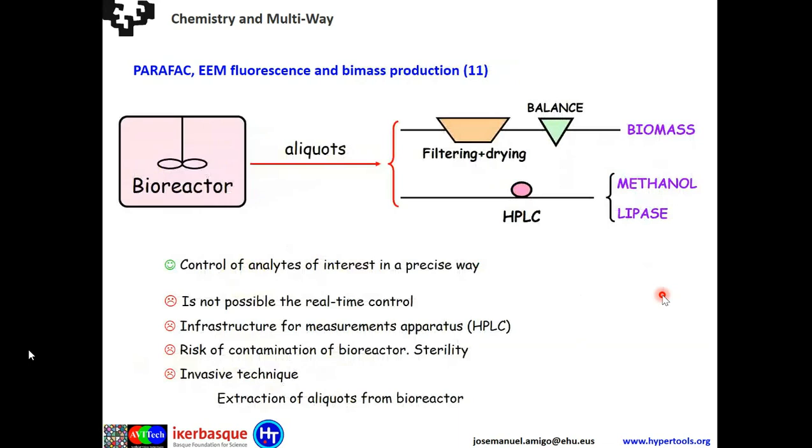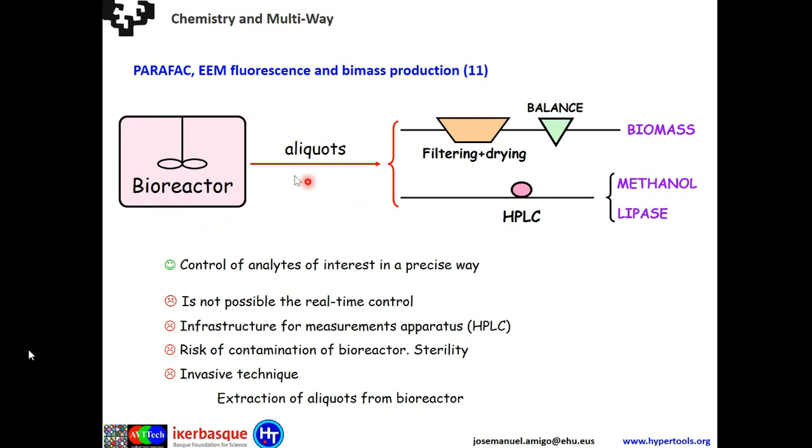But we can profit from some other properties of these three-way models, that is the adaptation of them to a quantitation or prediction paradigm, what is called NPLS, that is a regression, okay, using properties of PLS, but in a three-way manner. And here we have an example in which what we do is to generate biomass from a bioreactor.